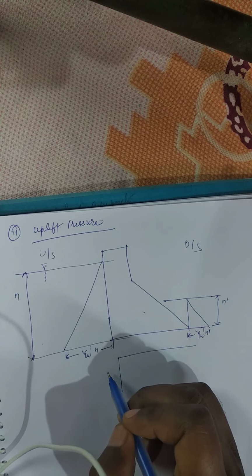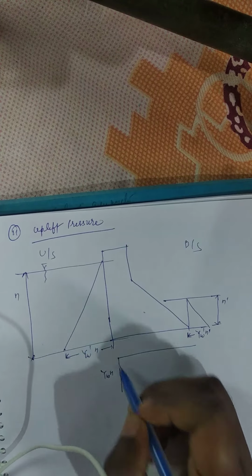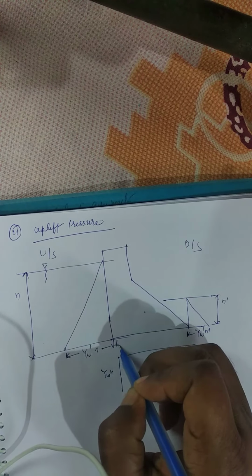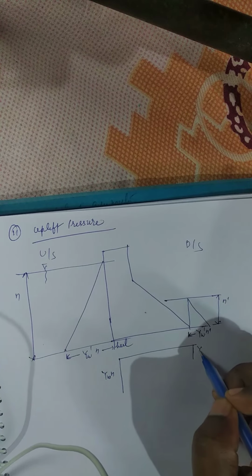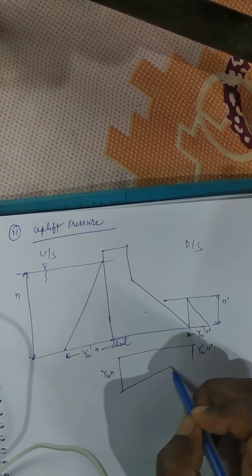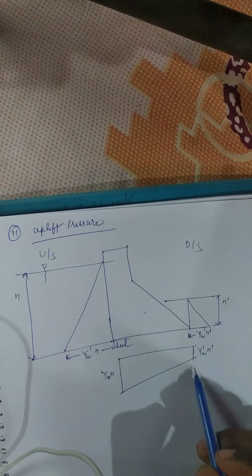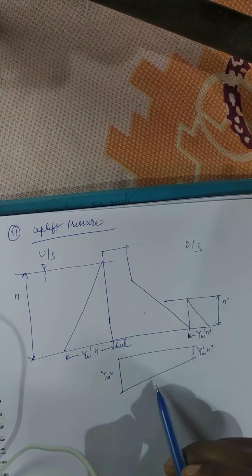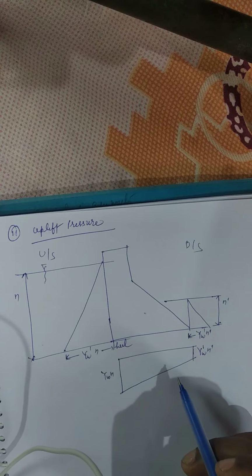So the intensity of the uplift pressure is gamma W into h at the heel, and at the toe it will be gamma W into h dash. This is the variation of the uplift water pressure in the upward direction, as recommended by USBR.